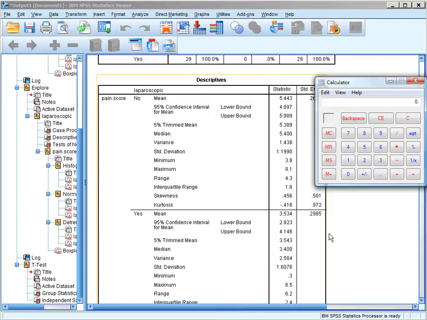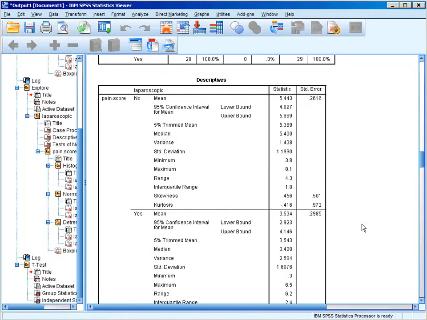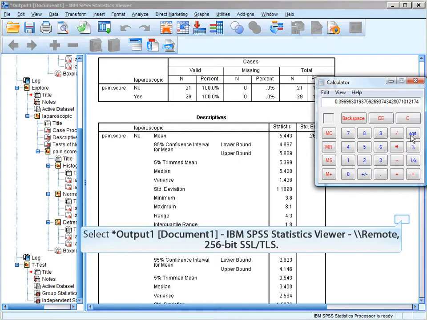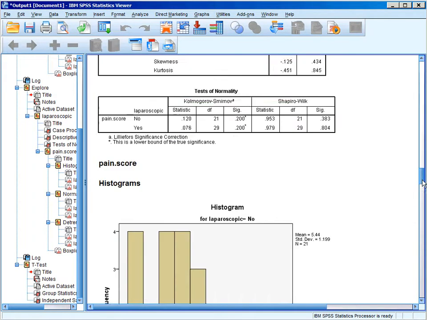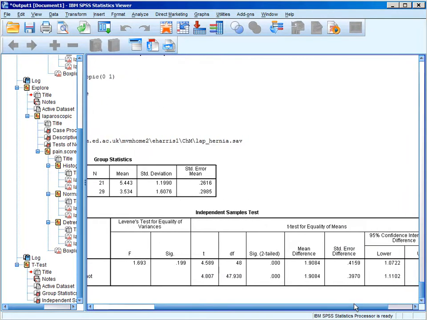It is just the variance of the first group, 4.38, divided by the number in the first group, which is 21, plus, I'm using a bracket, the variance in the second group, which is 2.584, divided by the number in the second group, which is 29, and then the square root of that, which is 0.3969. Actually 0.3970. So we're correct with that.